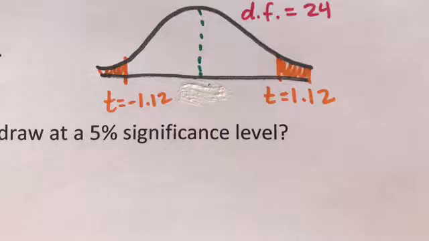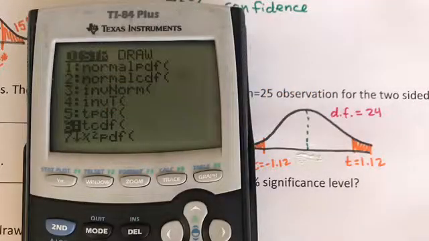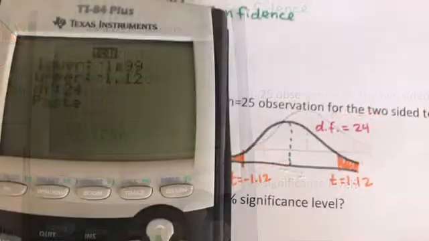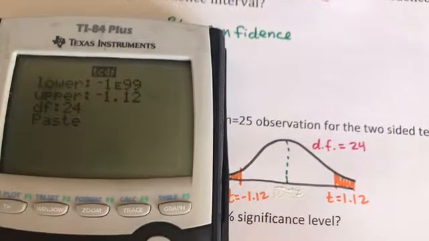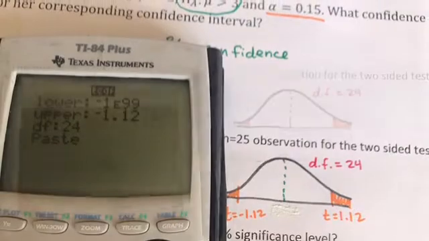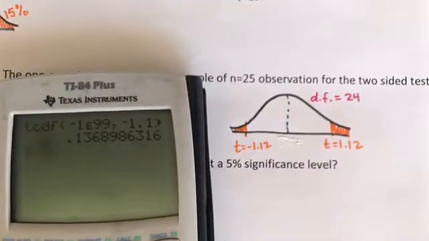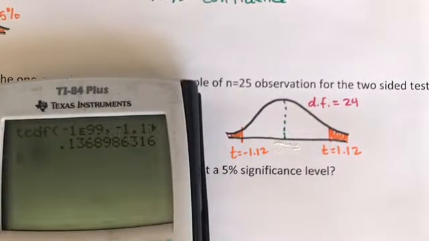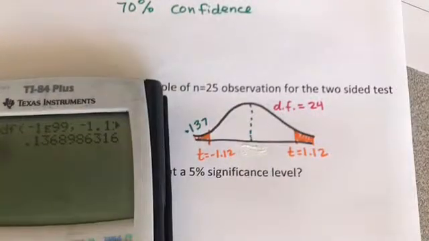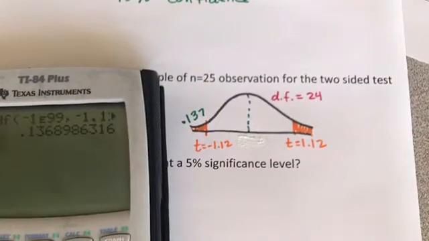But since this is a two-tailed test, I have to add up the area under the curve in the lower tail and the upper tail. So here you can see how to use your calculator, tcdf, lower bound, upper bound, and I get a p-value of 0.137 approximately. But that's just the area in the lower tail.